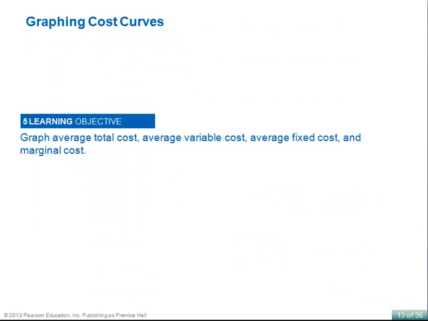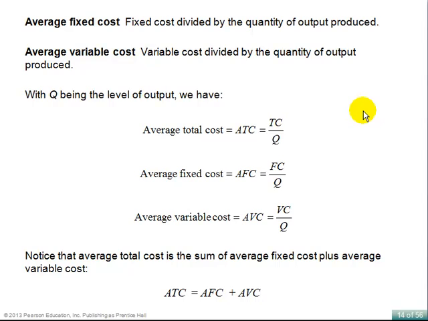Graphing cost curves. We have seen that we calculate average total cost by dividing total cost by the quantity of output produced. Similarly, we can calculate the average fixed cost by dividing fixed cost by the quantity of output produced, and we can calculate average variable cost by dividing the total variable cost by the quantity of output produced.